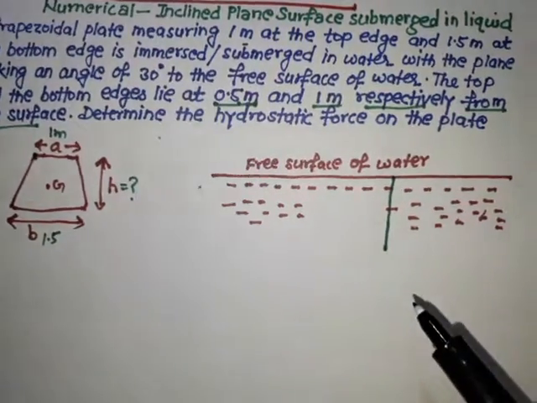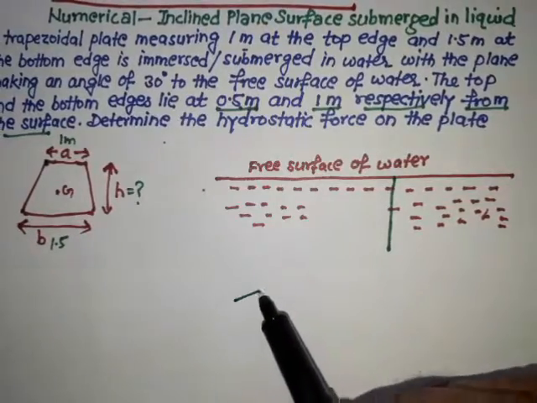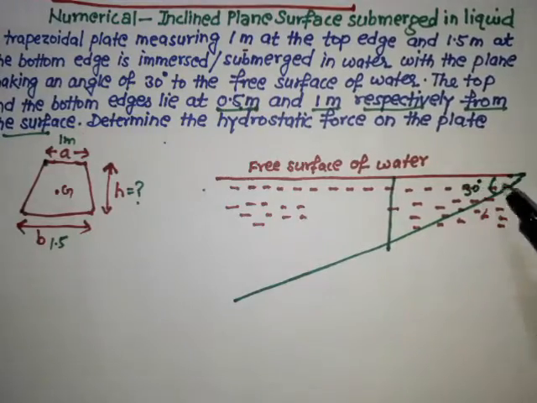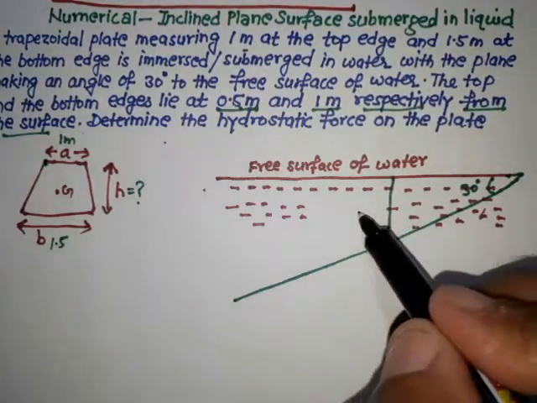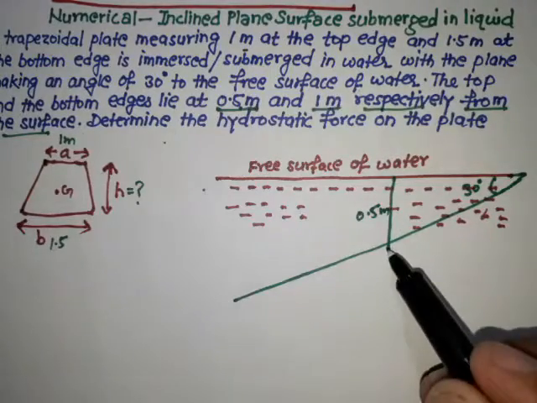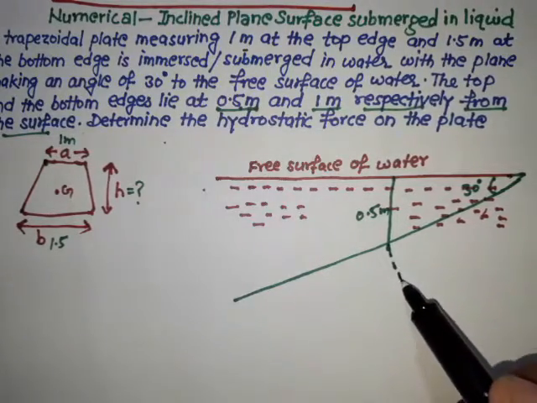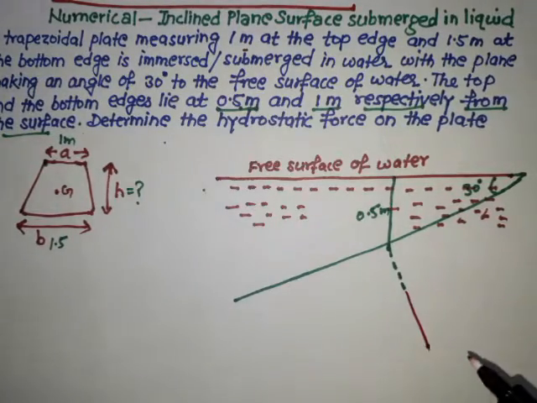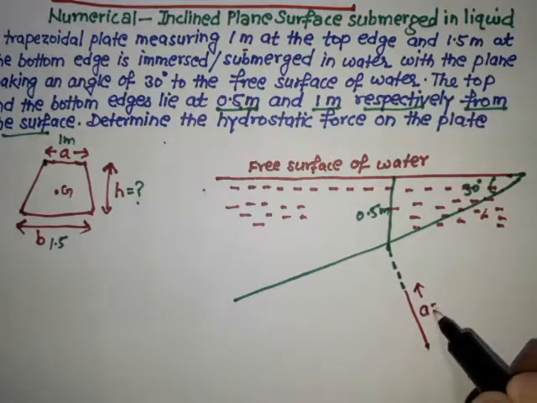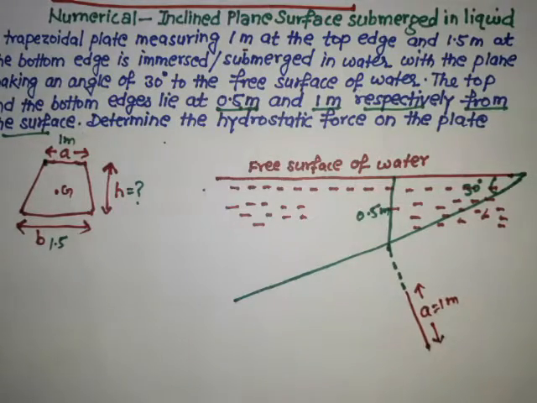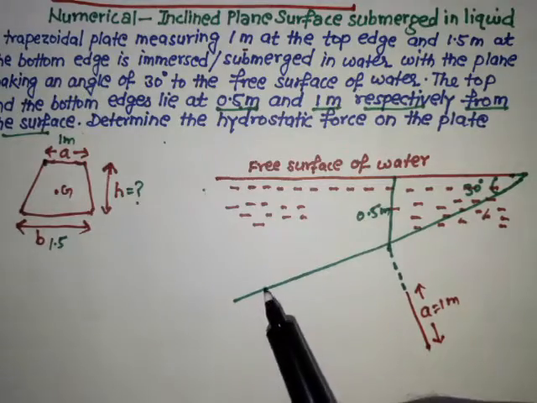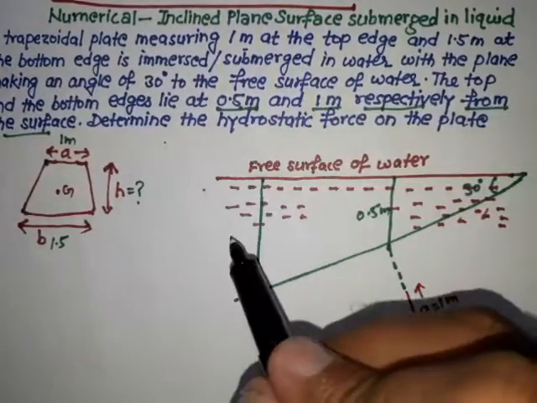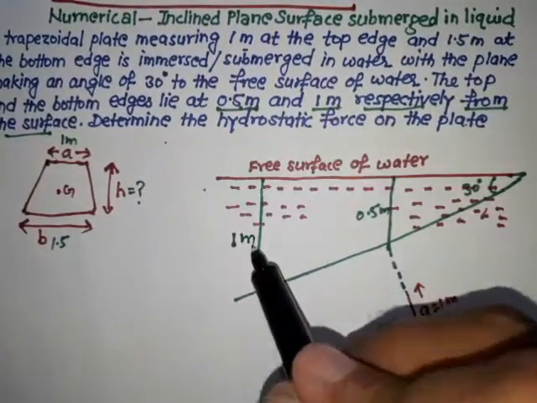firstly I plot the plane, the top view, this is the plane of this trapezoidal. It makes an angle of 30 degree. Suppose it is at a distance of 0.5 meter. So from here I can plot this top edge, this is A, that is equal to 1 meter of the trapezoidal, and the second part is at a distance of, suppose, 1 meter.